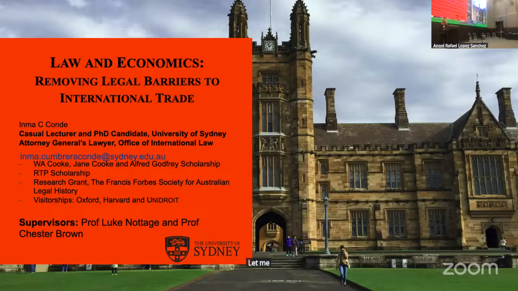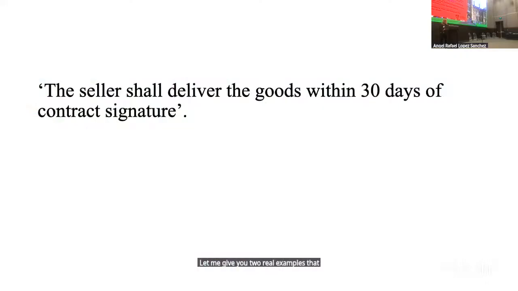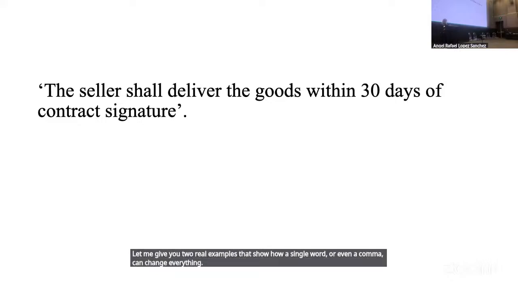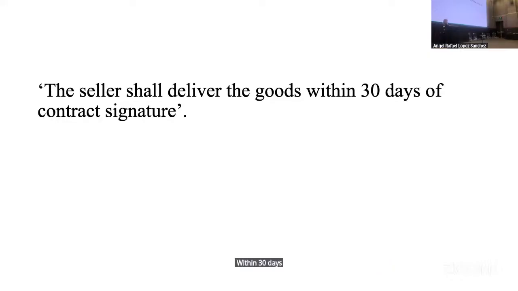Let me give you two real examples that show how a single word or even a comma can change everything. Here: the seller should deliver the goods within 30 days of contract signature. Do you think this might be simple? But it is not. When do you think the seller must deliver? Before day 30? Or exactly on day 30? It's 1 day difference.